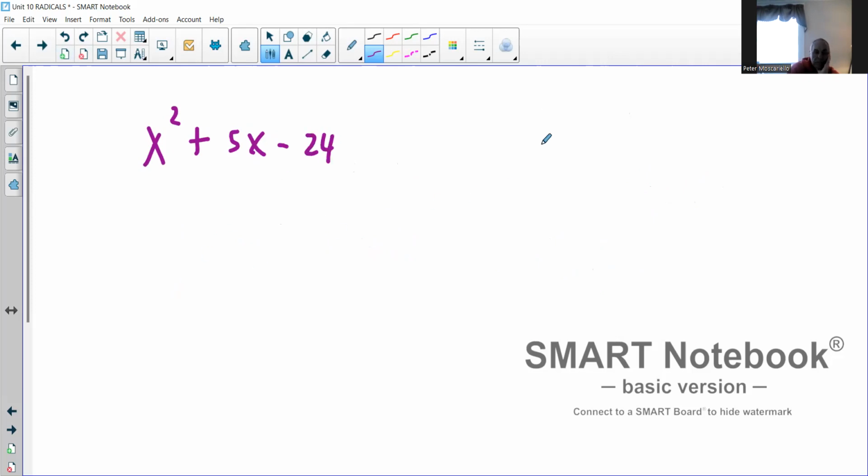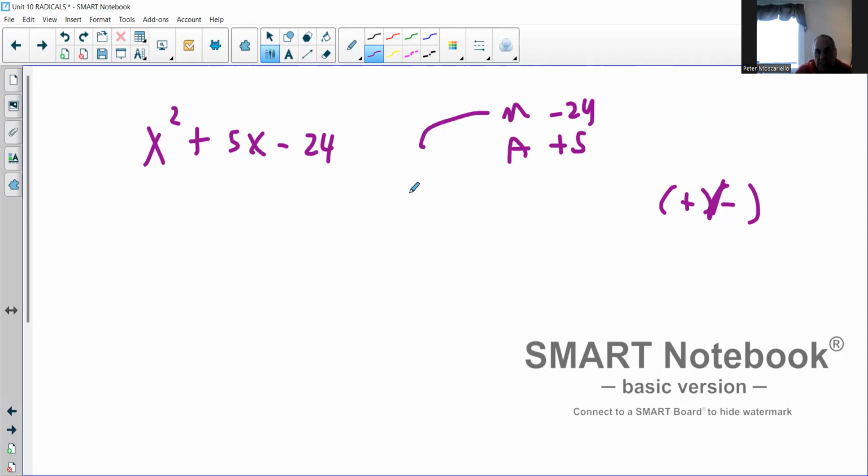Let's try that one. Here we multiply to -24, add to positive 5. Now to multiply to a negative, I need a positive and a negative, don't I? The only way two numbers can multiply to a negative is one plus and one minus. So when I go through my list, I'll start +1, -24, -1, +24. Why do I have to list them both?